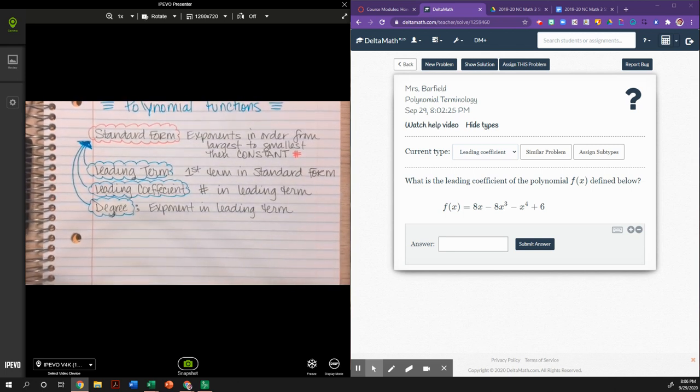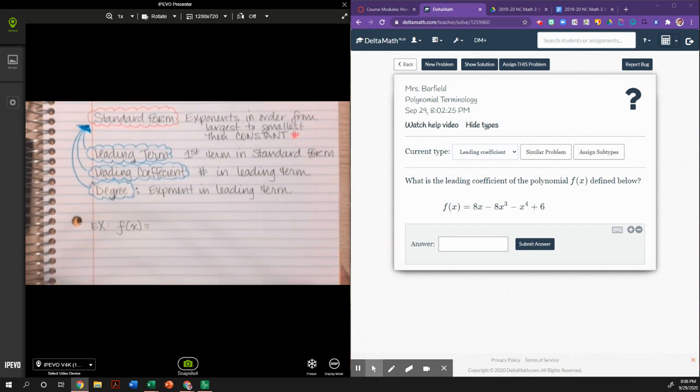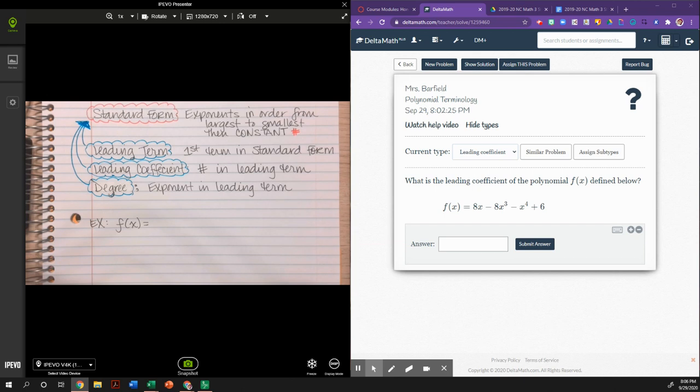So when I'm looking here at my Delta Math assignment, I understand that you can eyeball it, but let's look at it in terms of standard form and picking out these pieces of information.